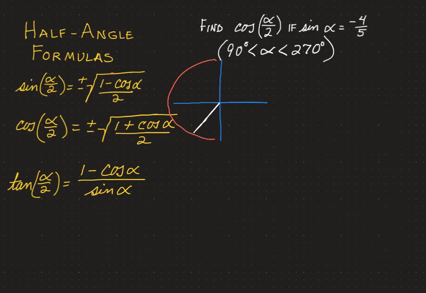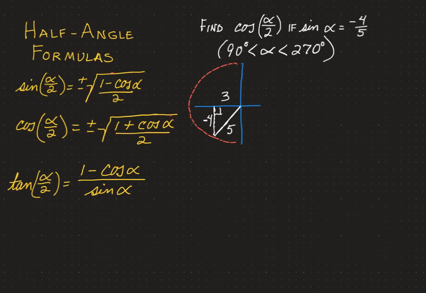And the sine of alpha is opposite over the hypotenuse. The hypotenuse is always positive. And in the third quadrant, your y value is always negative. Special triangle there. It's not quite to scale, but that other side would be 3. There, we'll move that over just a little bit to leave a little more room for everything.